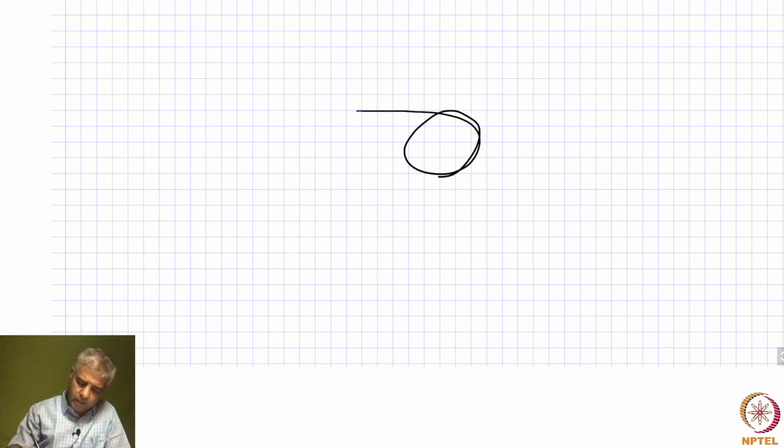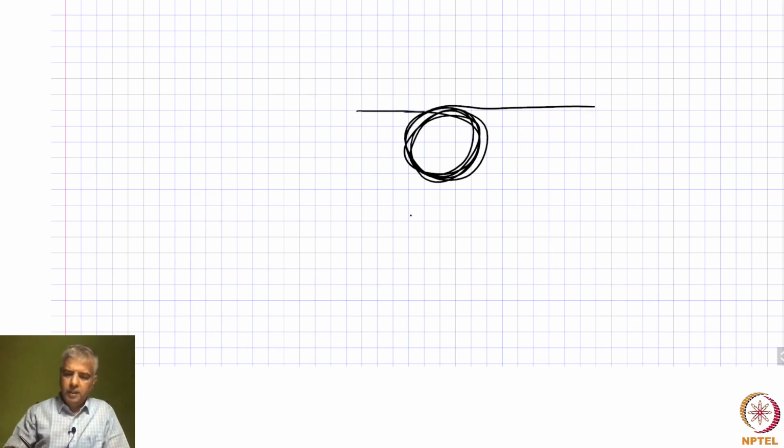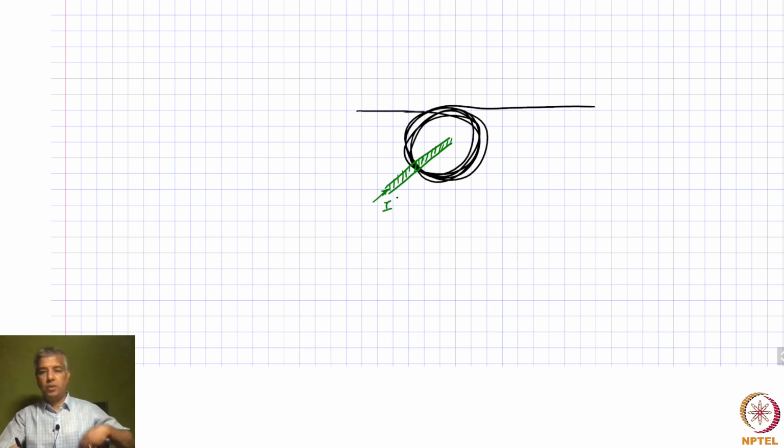Let's say you are making a coil of this fiber, and you are going out like this. Now I am inserting a current carrying element, let's say a wire. I'm positioning the wire along the axis of this coil, and let's say there is a certain current I flowing through this conductor.